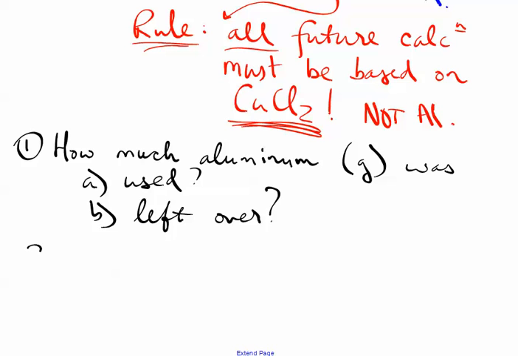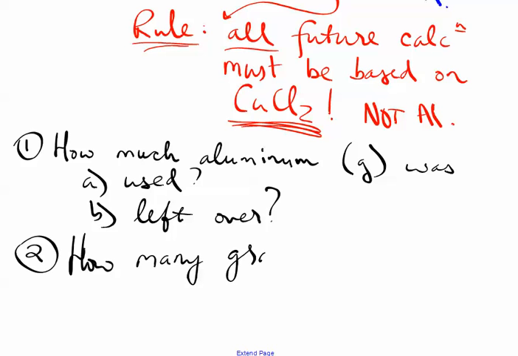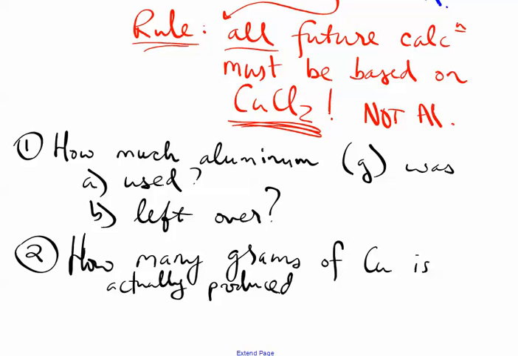And question 2, how many grams of copper is actually produced? Okay, we'll take these questions up tomorrow, but it's for homework, and we will go from there. And we'll put that video up tomorrow.